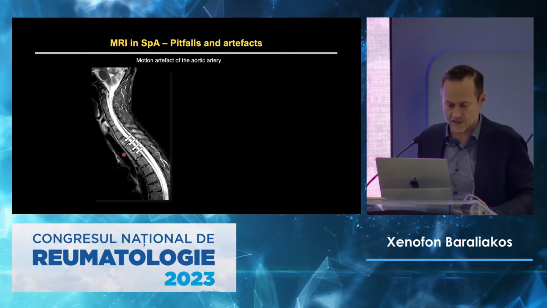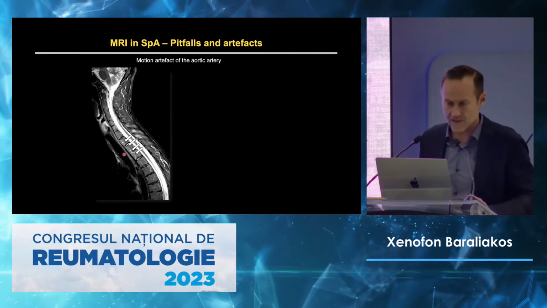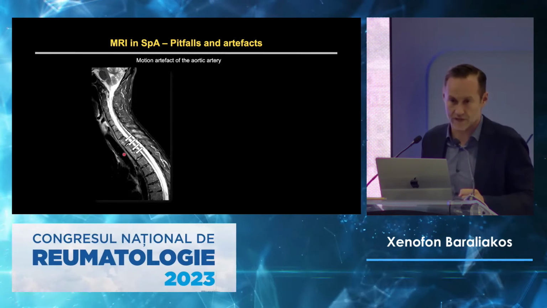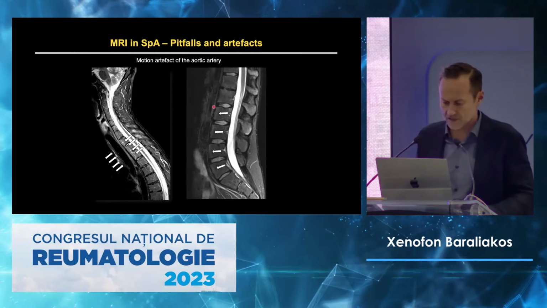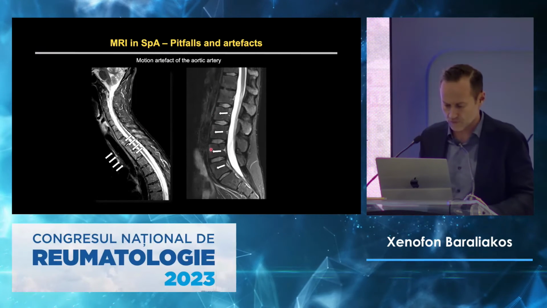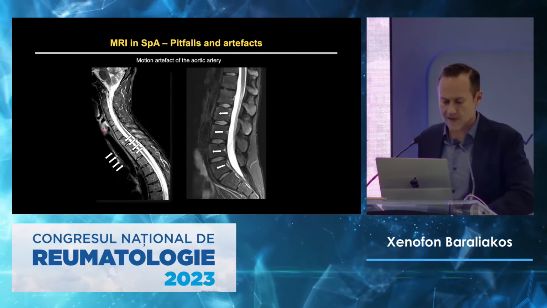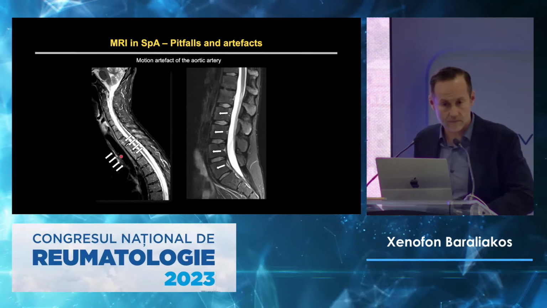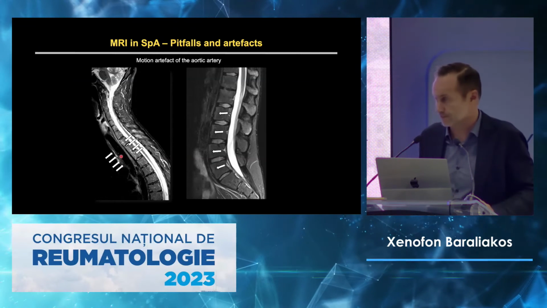So this is the aorta. It overlays sometimes the bone, and the MRI is not fast enough to get it. Yeah? That's the same thing like this. You have this typical line from the top to the bottom. And why can't we see the blood in the aorta? Because it's too fast for the MRI.